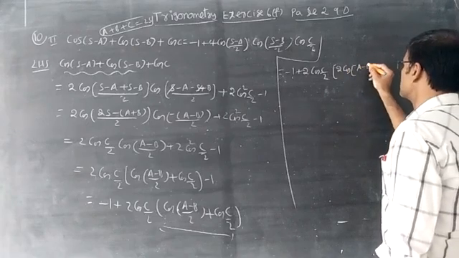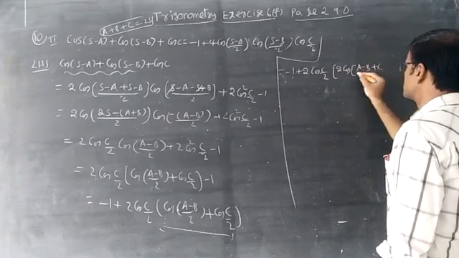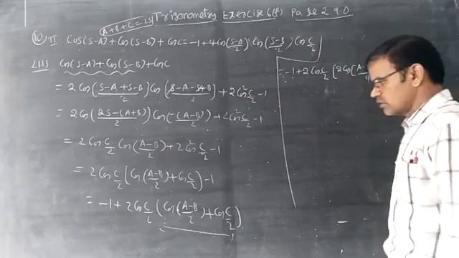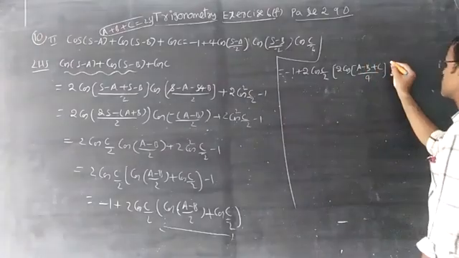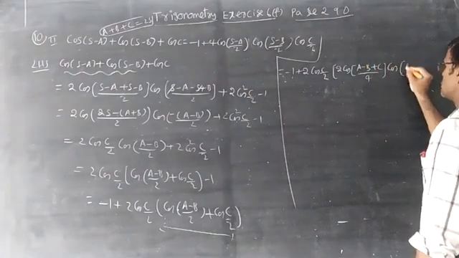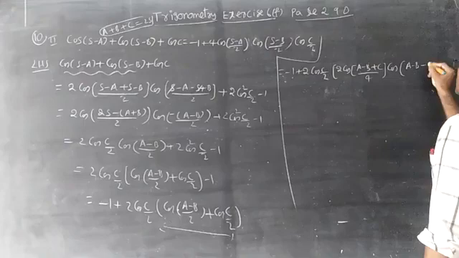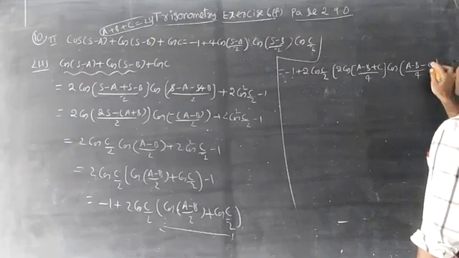So 2 cos (a minus b plus c) whole by 4 I am writing, because (a minus b) by 2 plus c by 2 whole by 2 into cos (a minus b minus c) whole by 4.